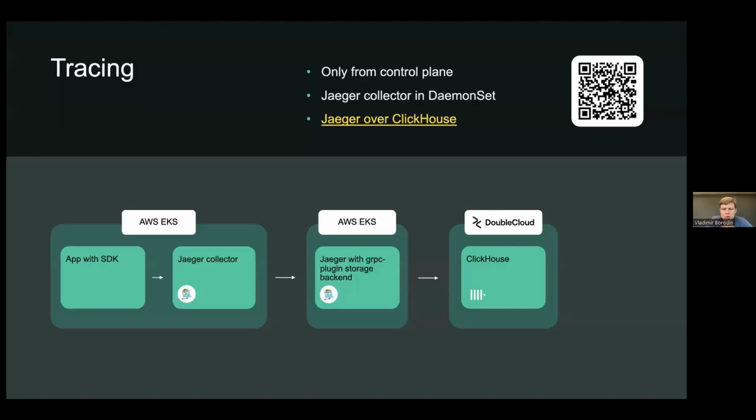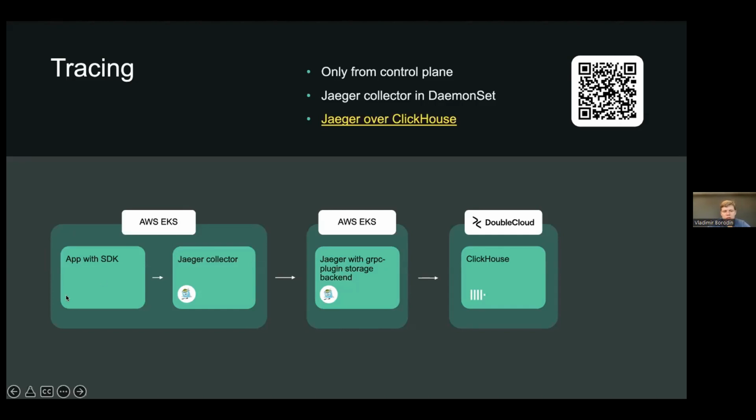So this is how it looks like in terms of our architecture. As I mentioned, we have a Kubernetes cluster per team. There is an application which is instrumented with a special SDK, which sends tracing points on events interesting for us. For example, a request to another API or a request to the database, to the cache or something like that.